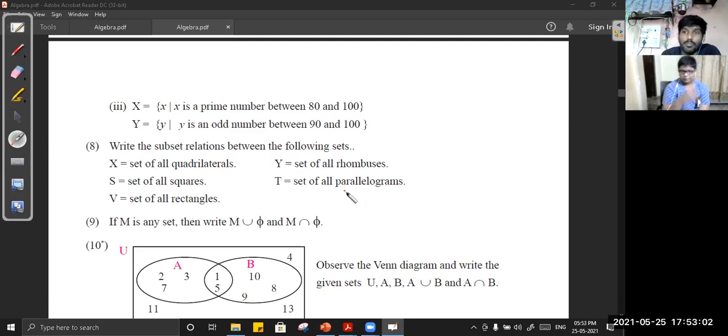Parallel. When the opposite sides are parallel, then that figure is called a parallelogram. Understood? Okay. Now you have to tell me which set is a subset of which other set.